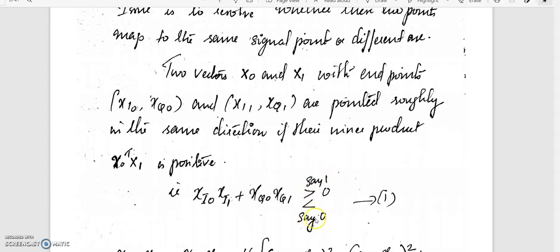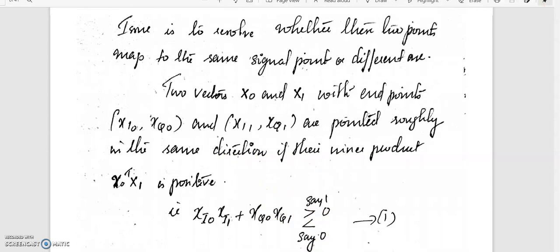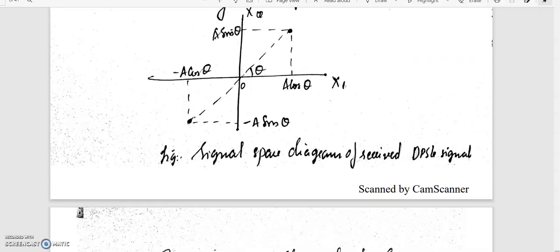If it is less than 0, I take the decision in favor of 0, meaning they are not in the same direction, or symbol 0 is transmitted. That is shown in the block diagram here.